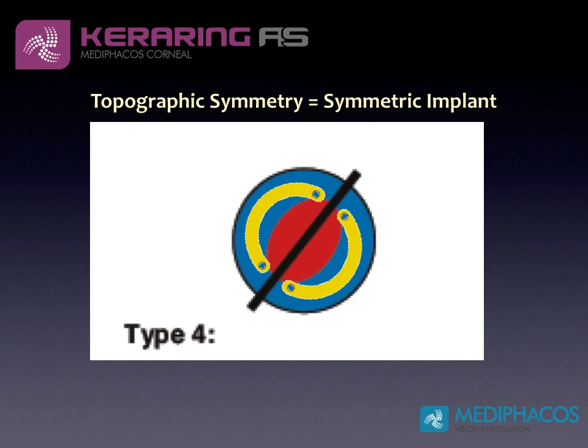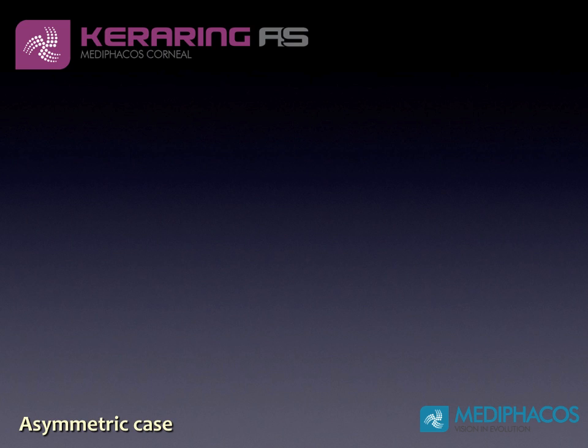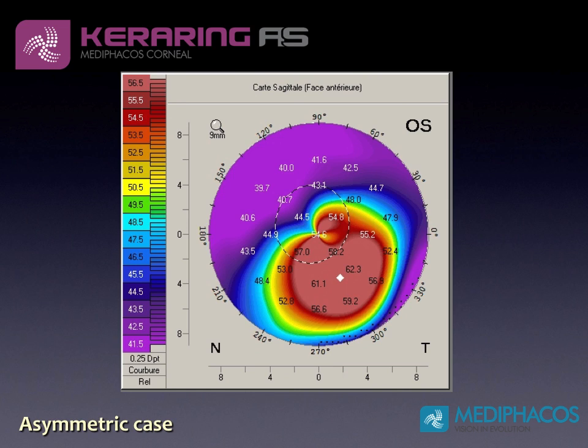Let's see some real case examples of how to assess indication for Keraring AS. Here we have a left eye presenting with an inferior temporal oval cone, a fairly common type of keratoconus in the corneal practice. Here we have a steep meridian located at 50 degrees, which gives us a type 1, or 100% of the ectatic area on one side.